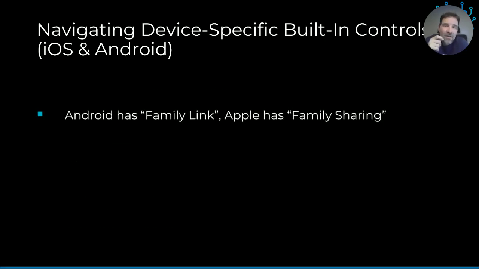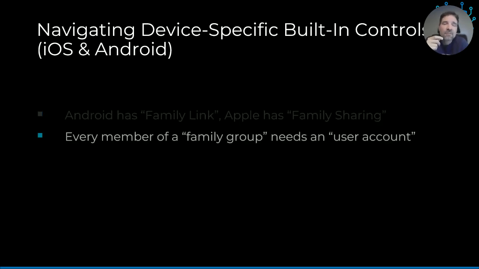So, Android has Family Link, Apple has Family Sharing, which is part of their Screen Time, right? When you're configuring these apps, every member of the family group needs a user account. So you will have to create a user account for your kids in order to install it on their phones or on their tablets or on their computers, and then add them to your family group as someone that you can control.